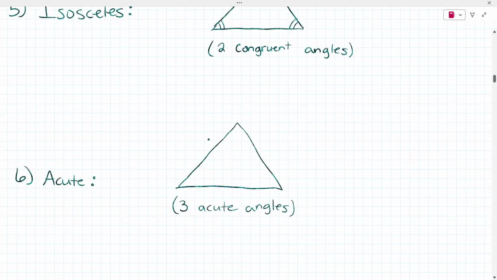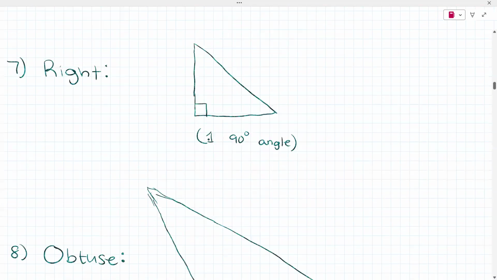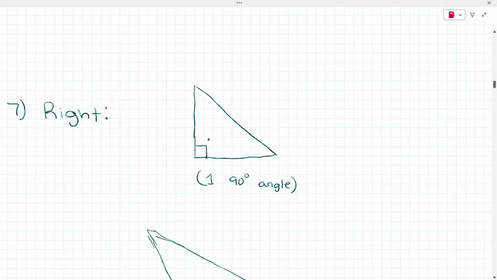In an acute triangle, all three angles are acute. And what is acute? It just means less than 90. In a right triangle, you have one 90-degree angle, and the rest must be acute.